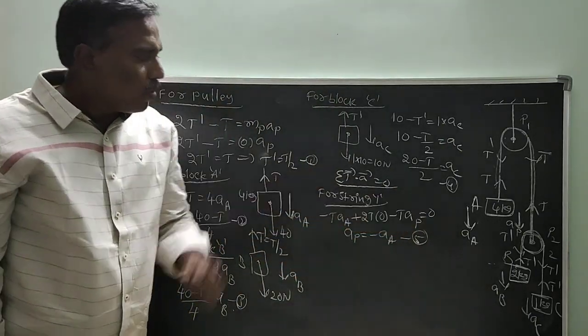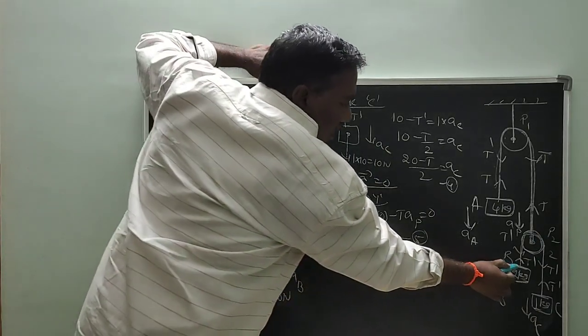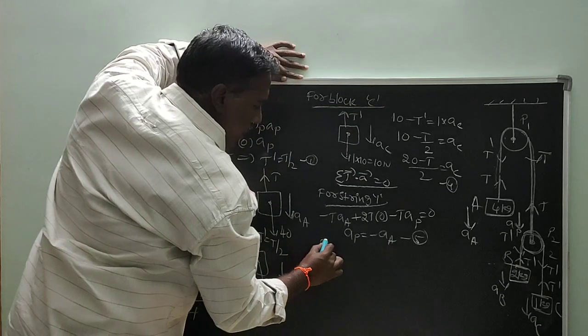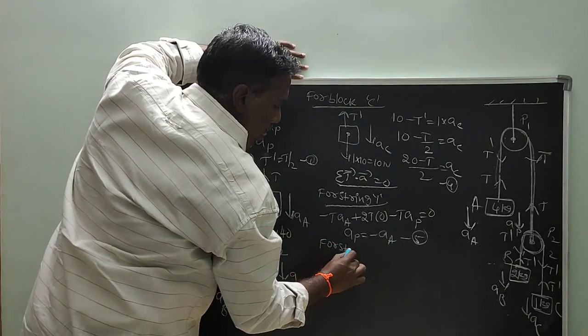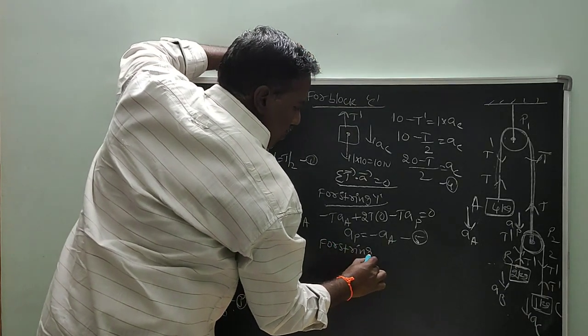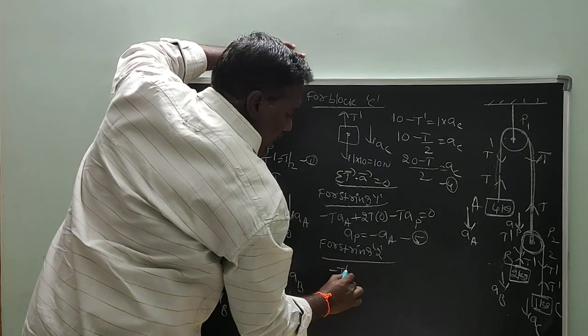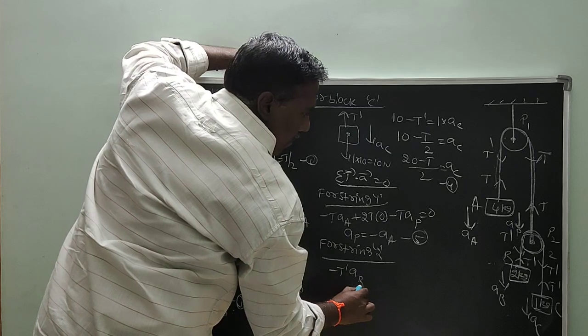Now for string 2, tension is in the upward direction and acceleration is in the downward direction. So minus T dash into AB.